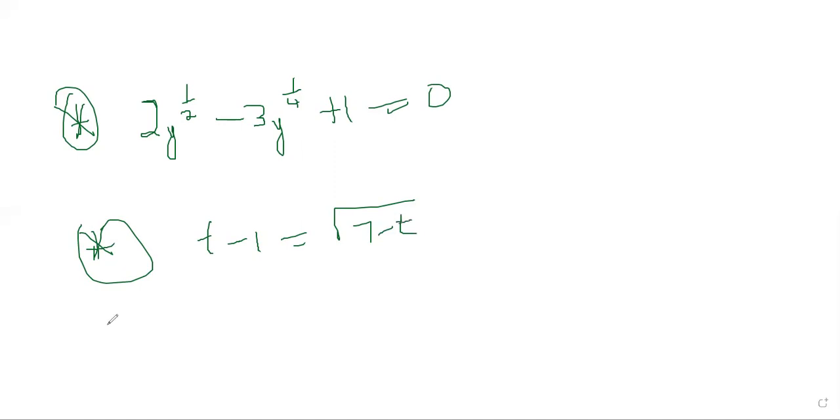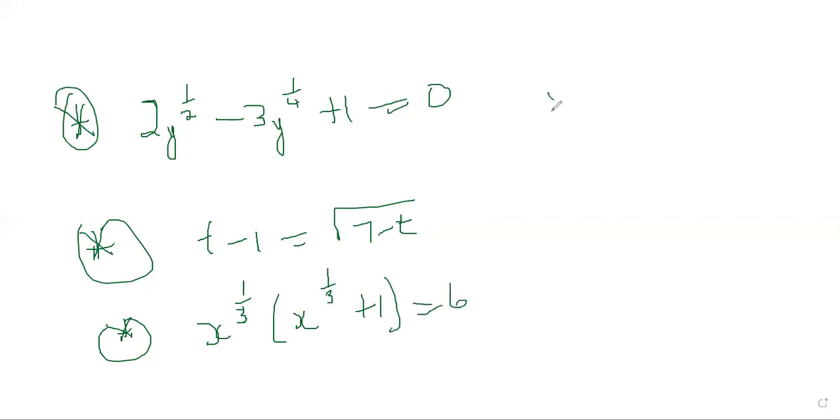Right? The third one that I want you to do for me is x to the power of 1 over 3, open bracket, x to the power of 1 over 3 plus 1. All of this is equal to 6.